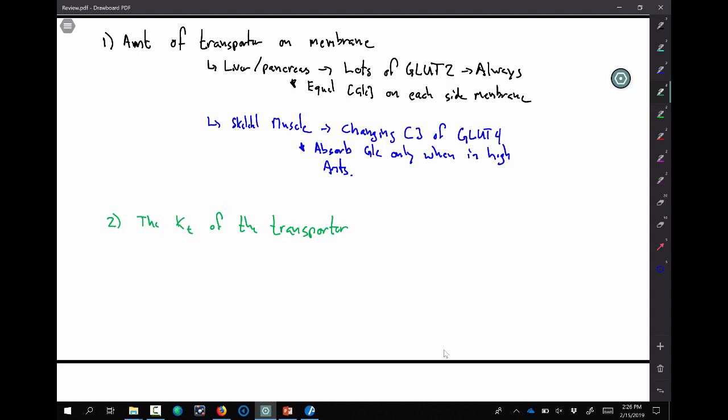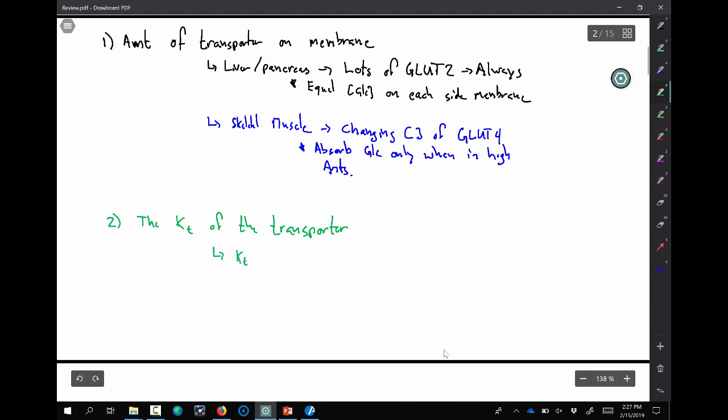That's the reason I showed you that graph even the day of GLUT3, because the KT can really determine how large of changes in rate of absorption can occur. I didn't really highlight the skeletal muscle because it's not terribly interesting. In terms of KT, the KT is about 5 millimolar. The big thing here would be the KT because it's so drastic.